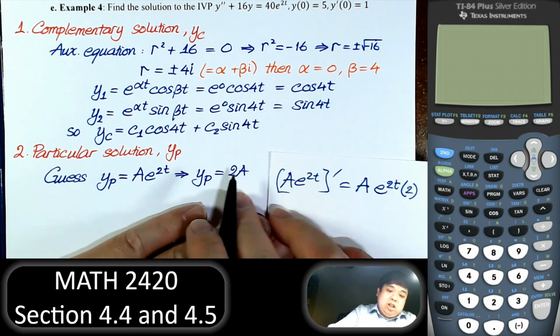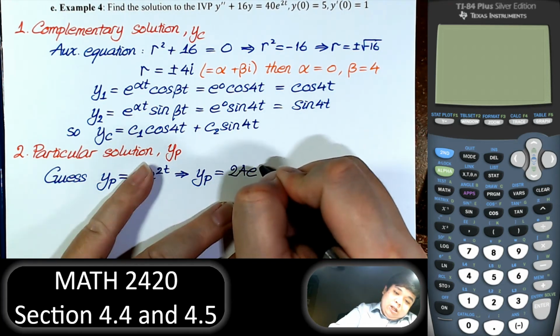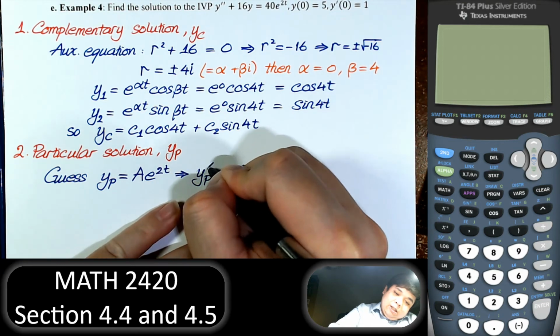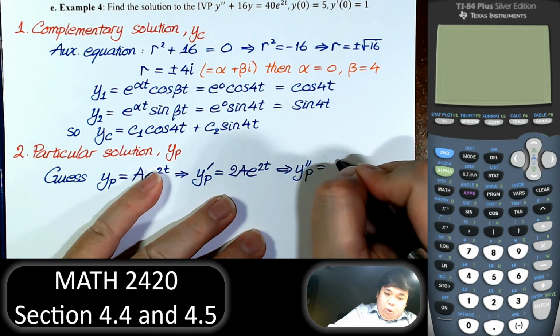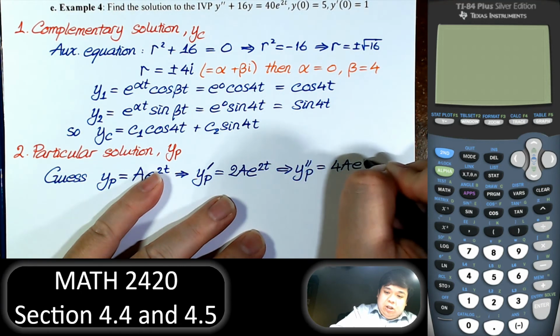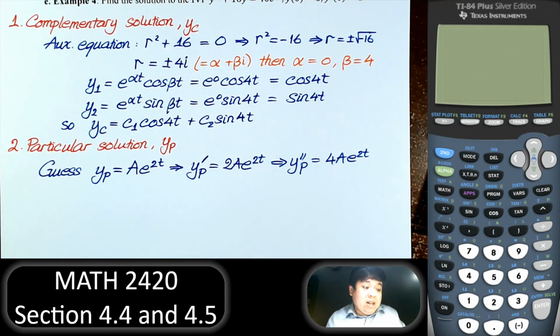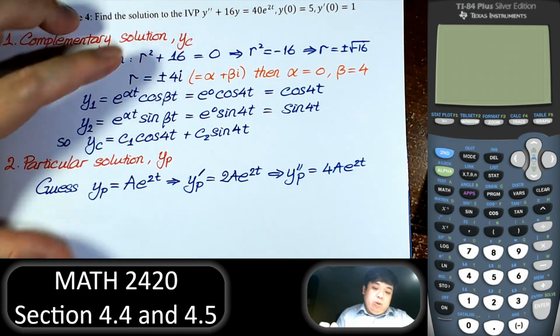So that makes it 2a e to the 2t. And the second derivative is going to be 4a e to the 2t. Be careful with that. And now we substitute into the equation.